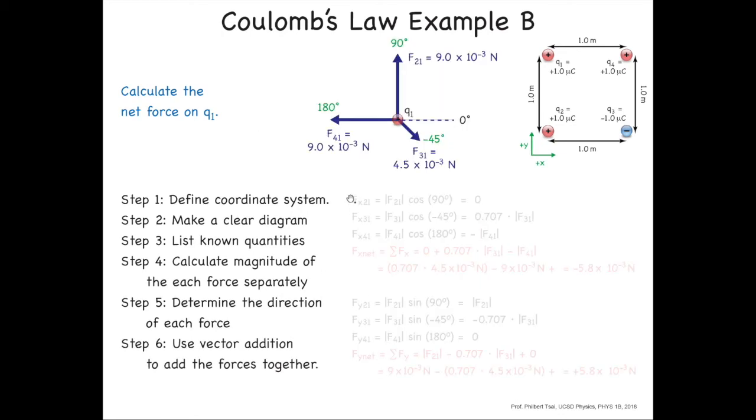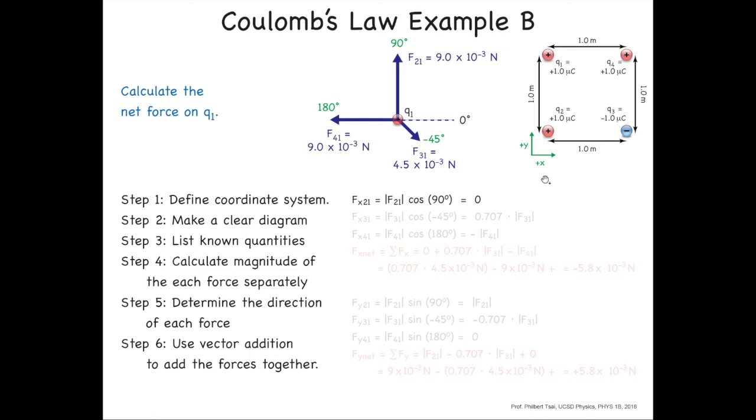So now that we've gotten each individual force and their directions, what we're going to do is add them up. Now we could do this pictorially, but to be mathematically accurate, we'll use the algebraic method.